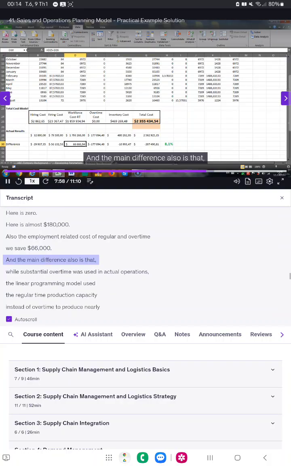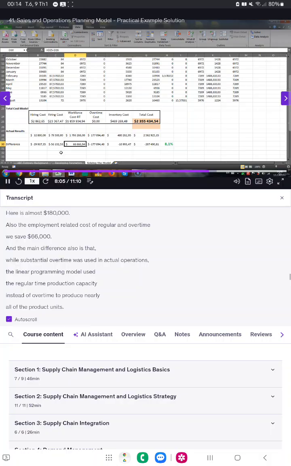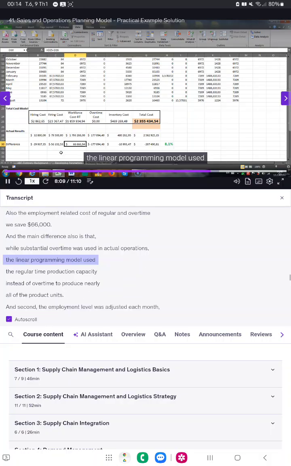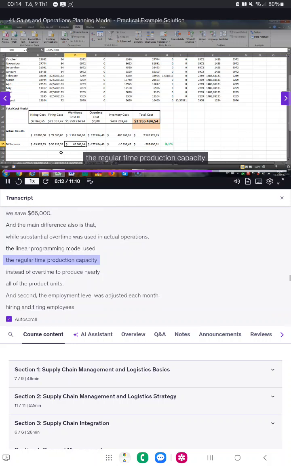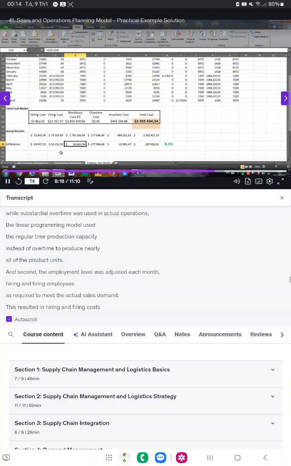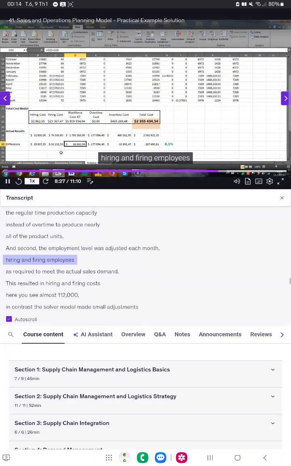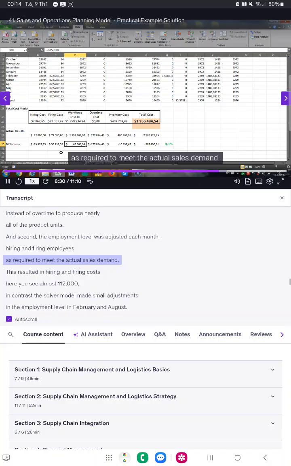And the main difference also is that while substantial overtime was used in actual operations, the linear programming model used regular time production capacity instead of overtime to produce nearly all of the product units. And second, the employment level was adjusted each month, hiring and firing employees as required to meet the actual sales demand.